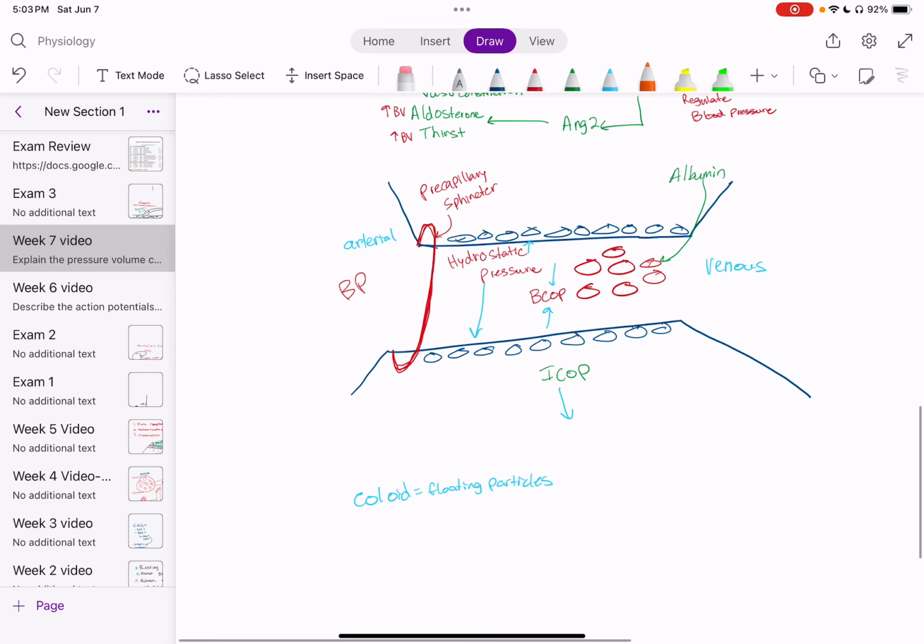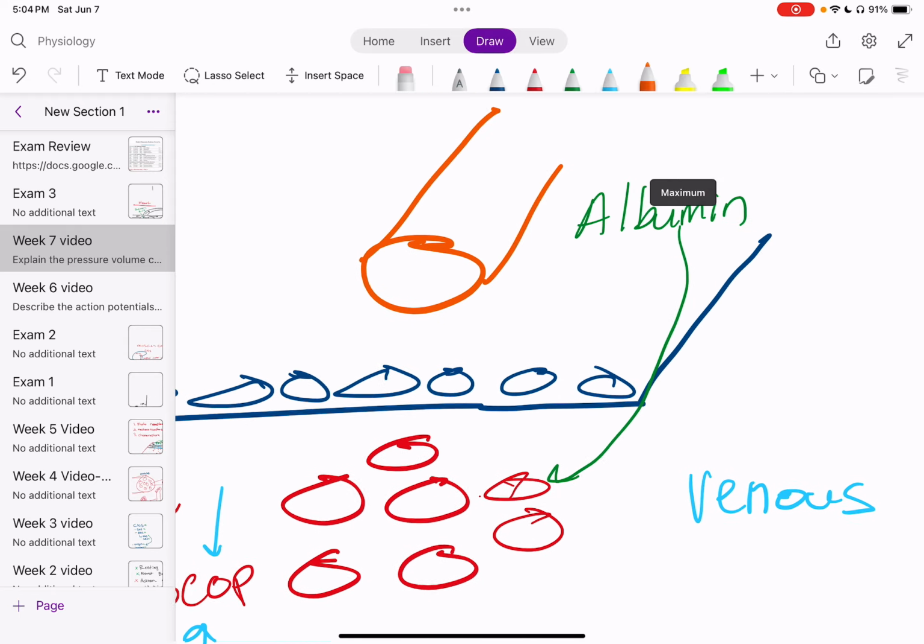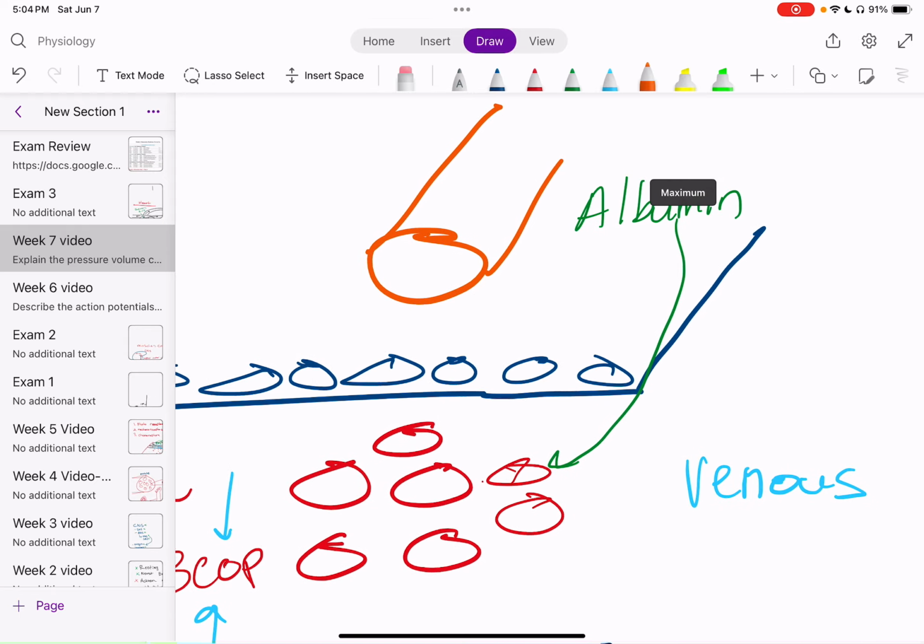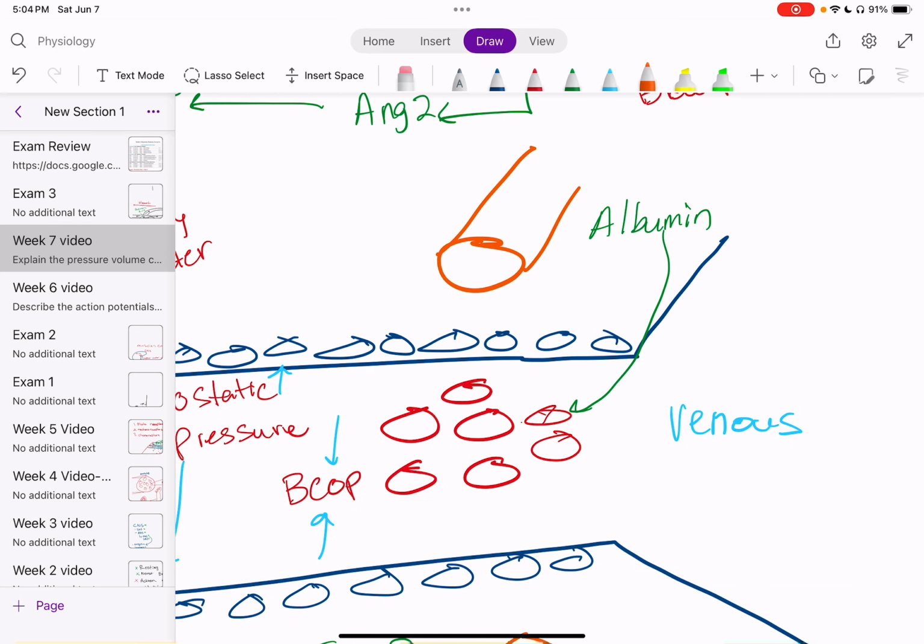These are lymphatic vessels. What lymph nodes do is they take fluid and particles, recycle them through the lymphatic system, and eventually cycle them back into the blood. We'll refer to this as interstitial fluid pressure.